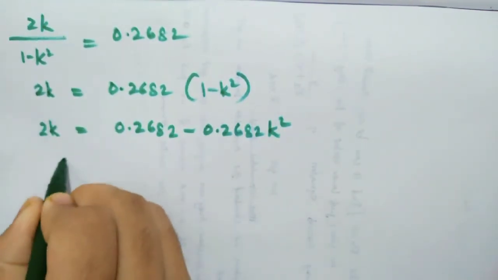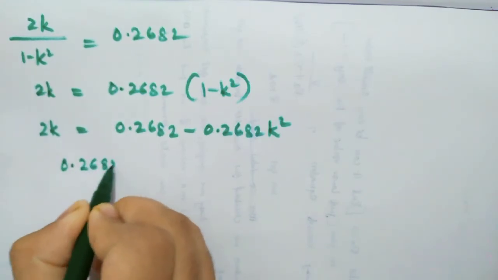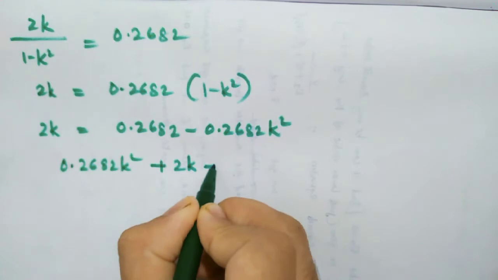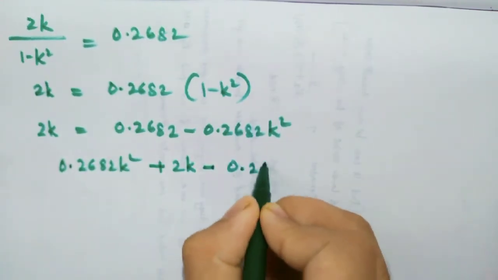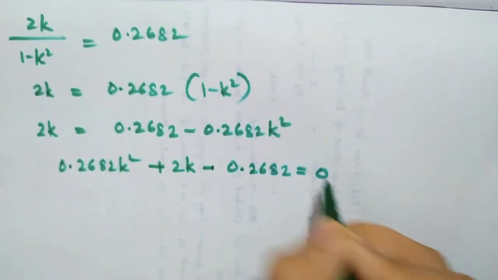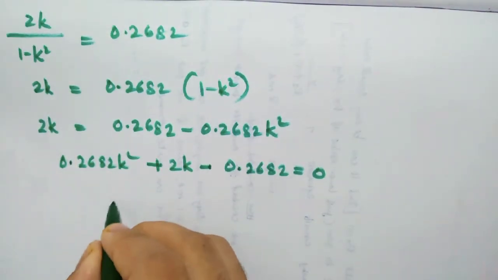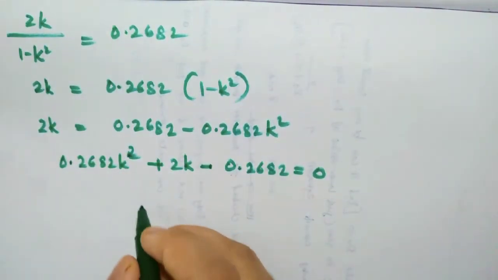So this is a quadratic equation. So I will take this as 0.2682 k square plus 2k minus 0.2682 is equal to 0. We know how to solve a quadratic equation.